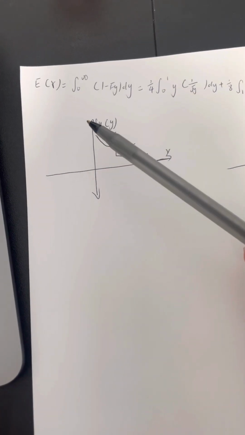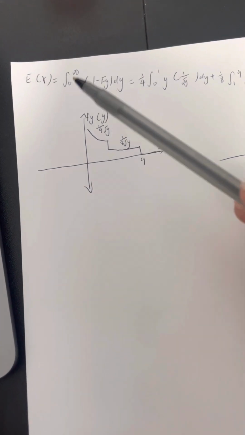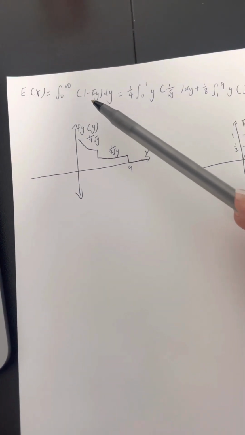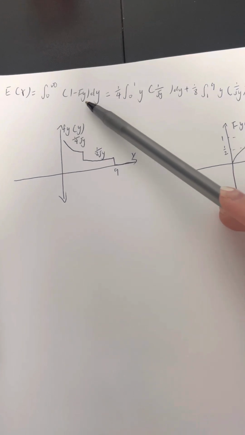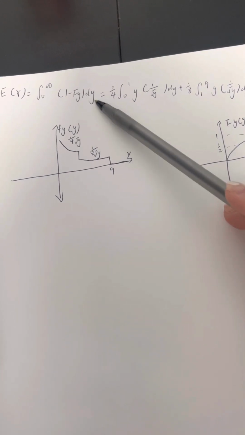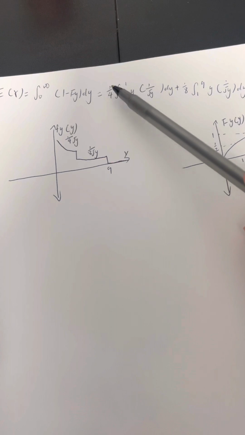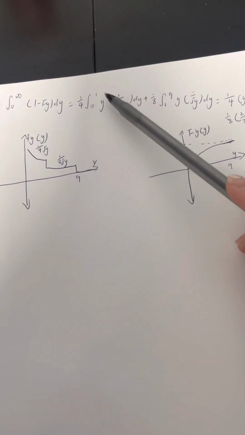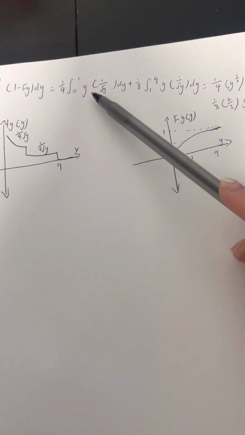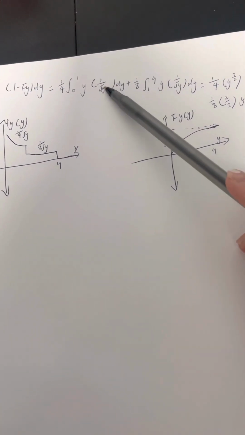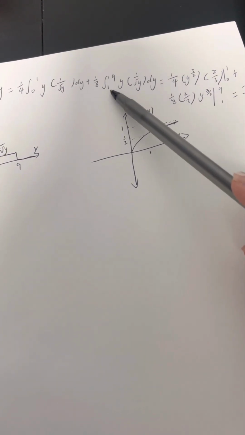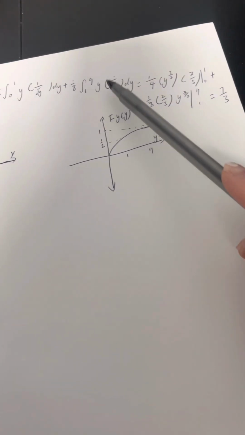And we know E[Y] is equal to the integral from 0 to infinity of y times f_Y(y) dy, which is equal to 1/4 of the integral from 0 to 1 of y times 1 over square root of y dy plus 1/8 of the integral from 1 to 9 of y times 1 over square root of y dy.